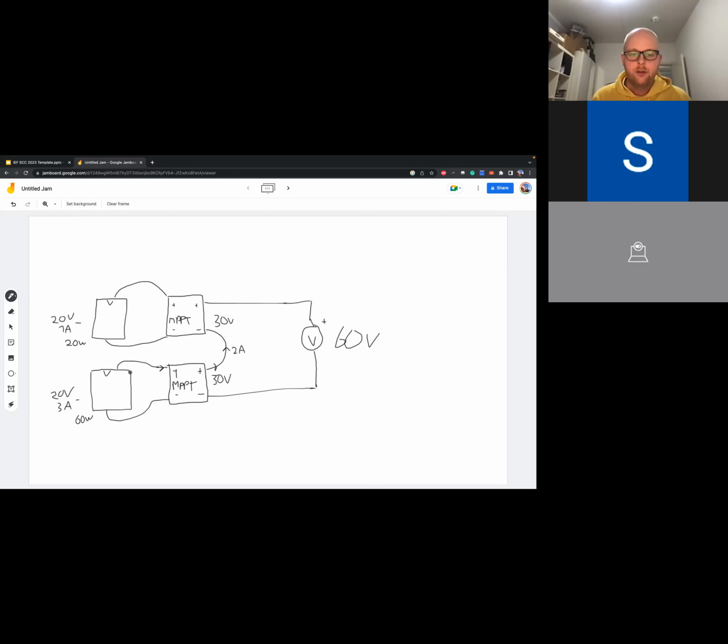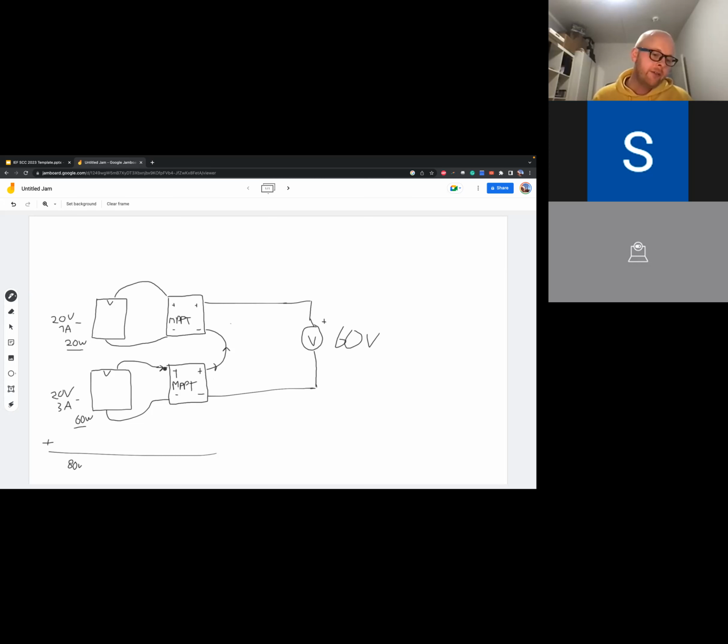And now our example doesn't really work anymore. So let's see. Now the total input power is 20 watts for this array, 60 watts for that array. So if you add them up, you get 80 watts on the input. You know your battery voltage is 60 volt.